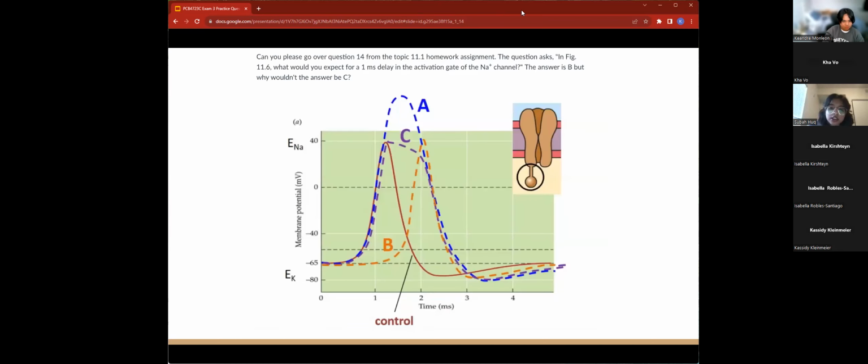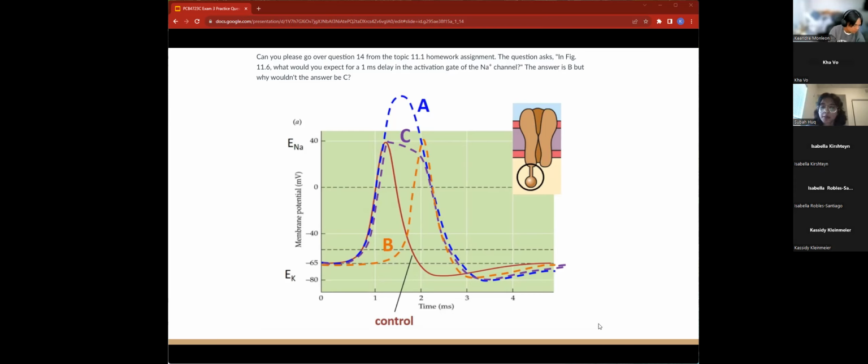With A, you're seeing that the peak is way above 40 millivolts. That's telling you that a lot more sodium is flowing into the cell. The change is causing the depolarization to reach a much higher potential than the average of 40 millivolts.